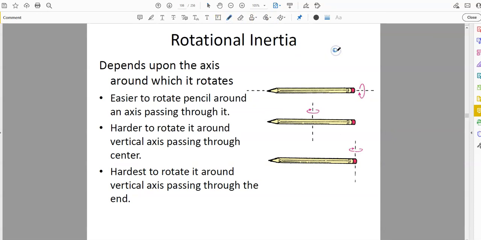Okay. So notice here along this central axis, here's the center axis. It's along this line right here.